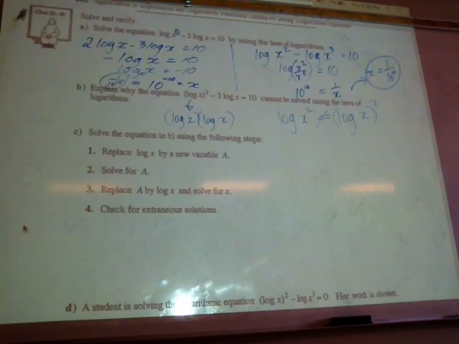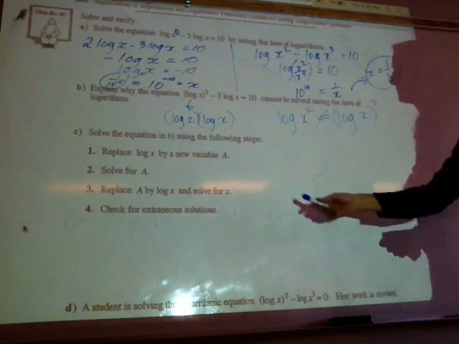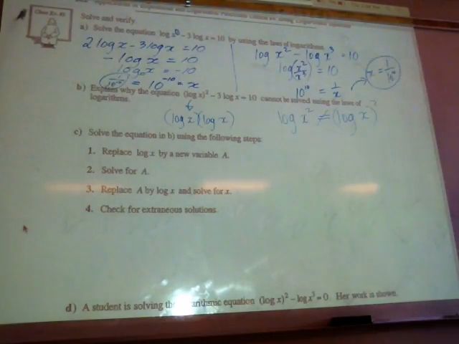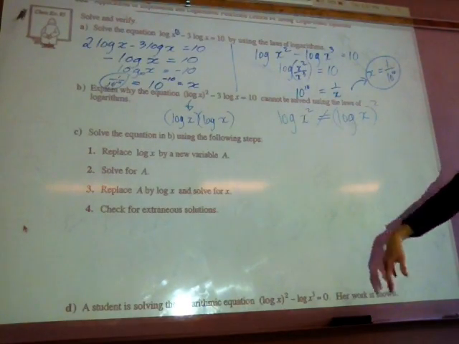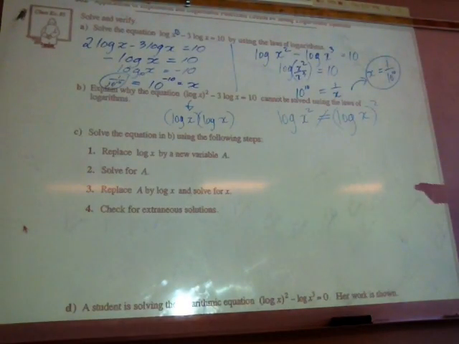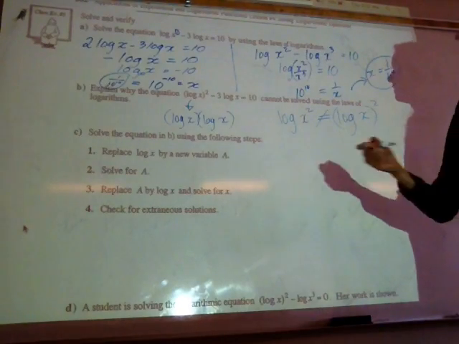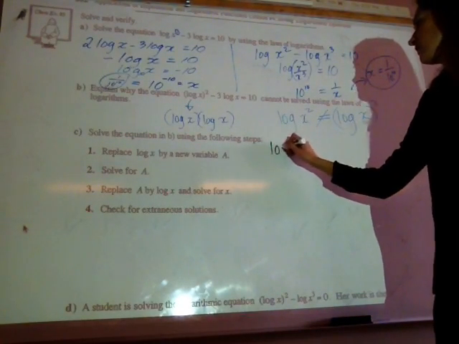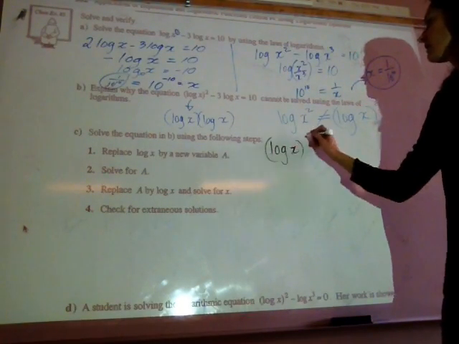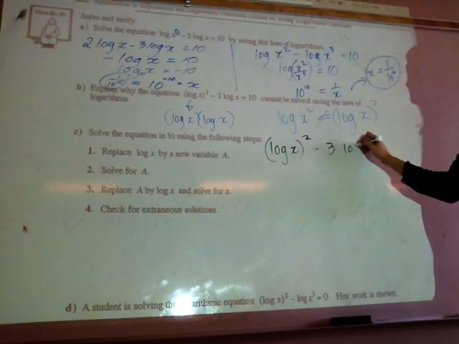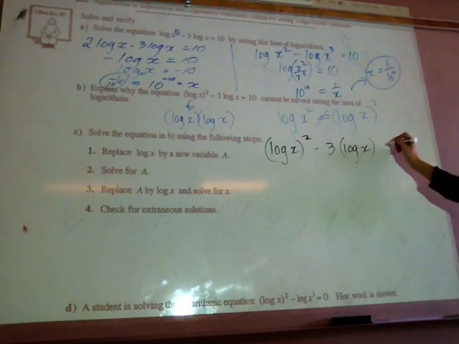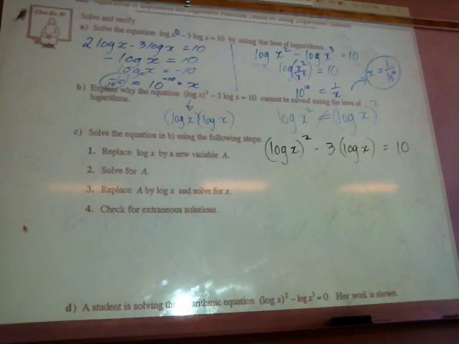So what happens if we get a question that's like part B and we have to solve? Well, using the steps below, that's how we're going to solve it. Okay, so first what you need to do, let's just rewrite what the question is. We have log x all squared minus 3 log x. That equals 10. Our first step is we're going to replace any log x with a letter.